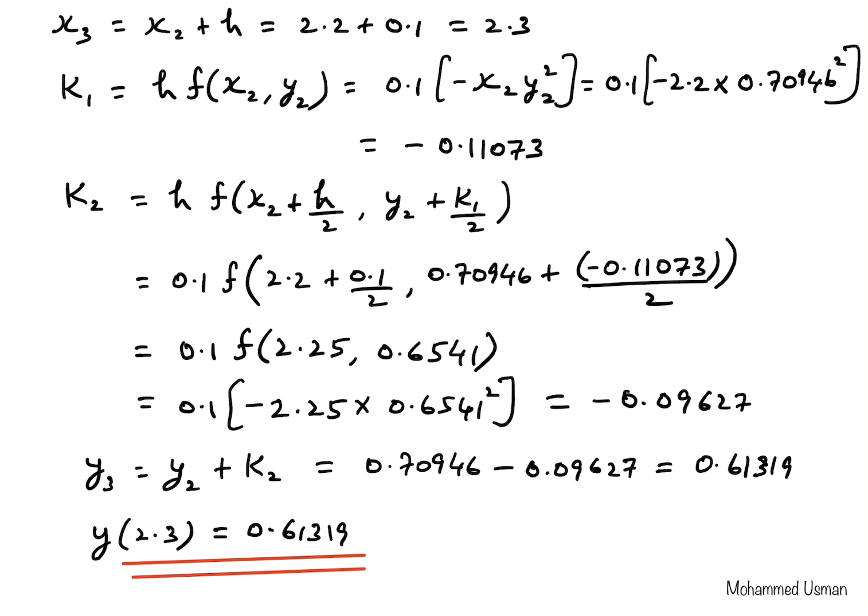I'm not going to write it here, but the exact answer is 0.6079, and by this Runge-Kutta method we are getting it as 0.61319, and using Euler's we got it as 0.5681, and with the modified Euler's we got it as 0.6297. So clearly this Runge-Kutta method is giving us a better accuracy as compared to the previous two methods that we have seen.